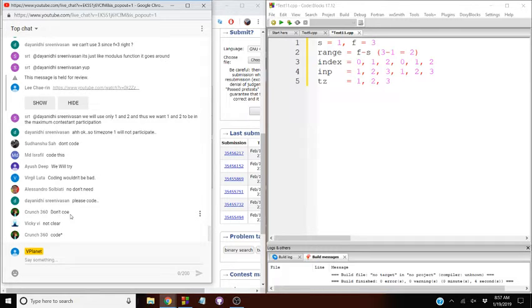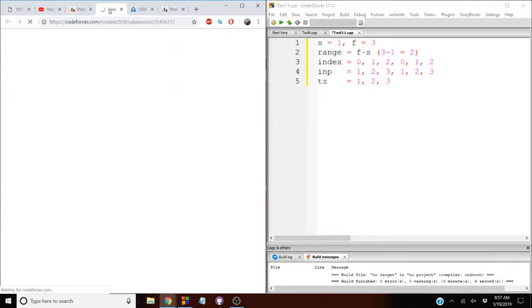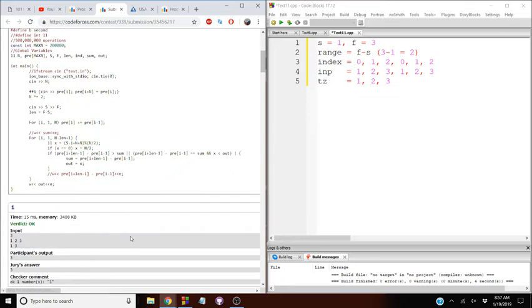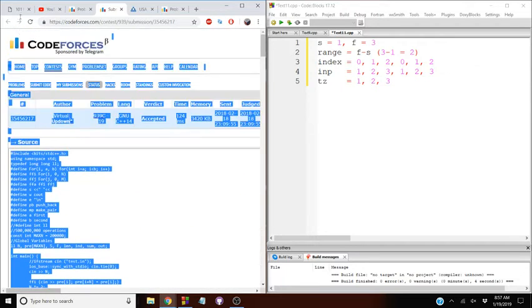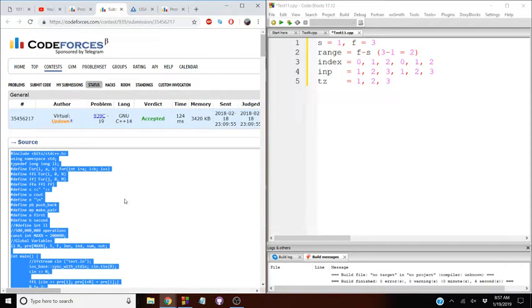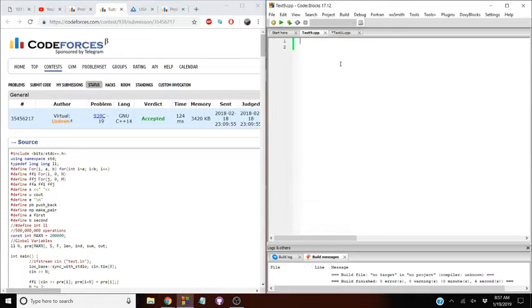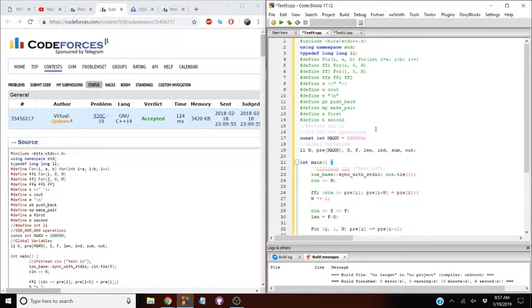Okay, since we have a little bit of time, I'll just explain my code. I didn't know I'd be explaining it, so it has some number of defines in it. So I'll just rewrite it without the defines, so you can see it basically.